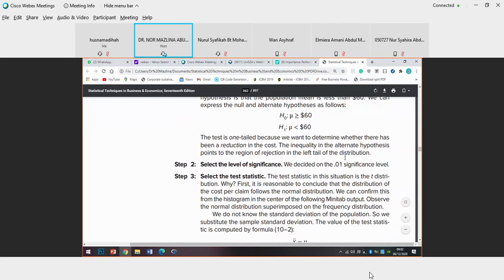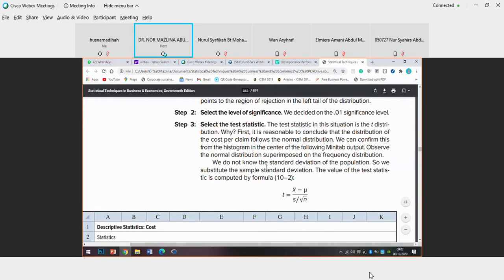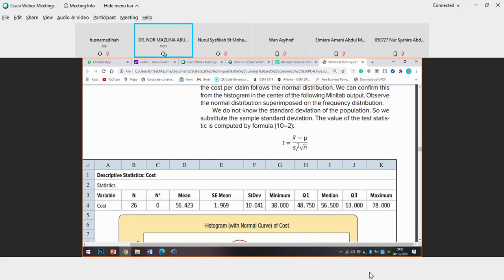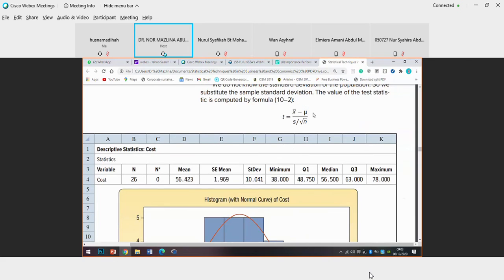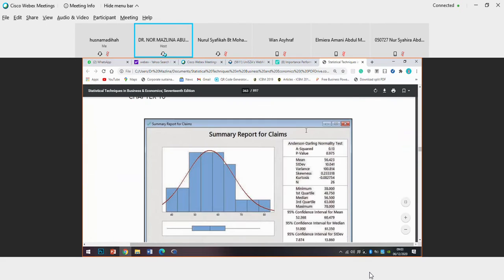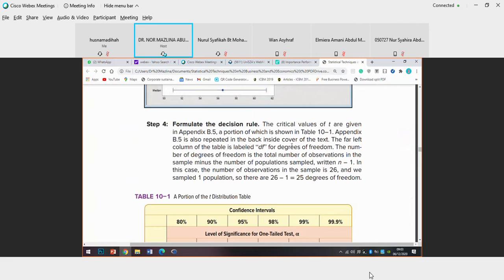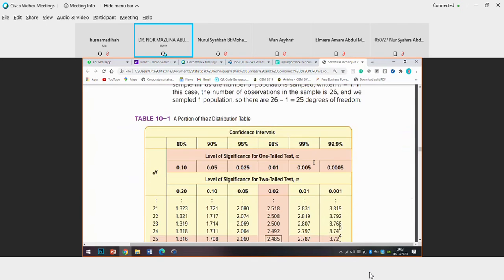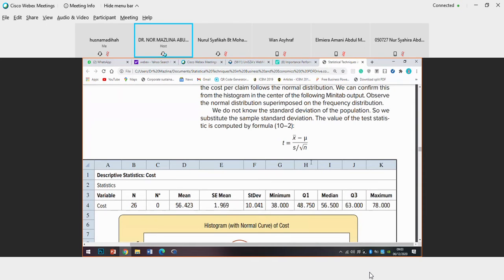Select significance level 0.01 alpha and then guna t-test because this is more appropriate for sample less than 30. X bar tolak mu bagi s divided by square root of n. Jadi awak pun carilah t. Jumpa tak t? Saya tak nampak t dia dekat mana. Nanti awak kira berapa t dia.